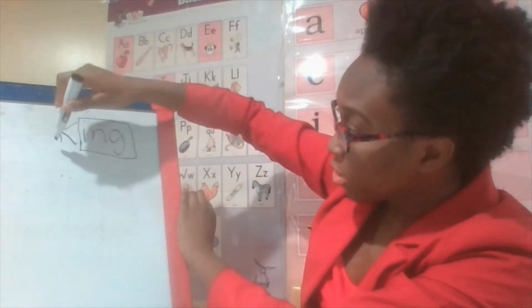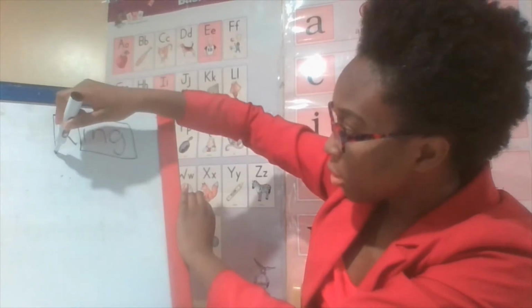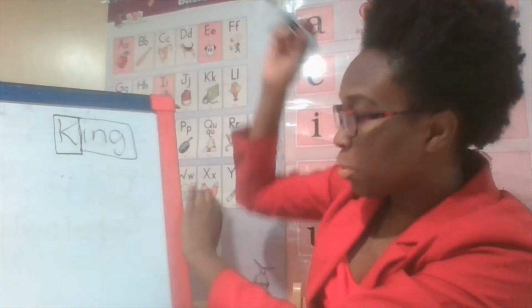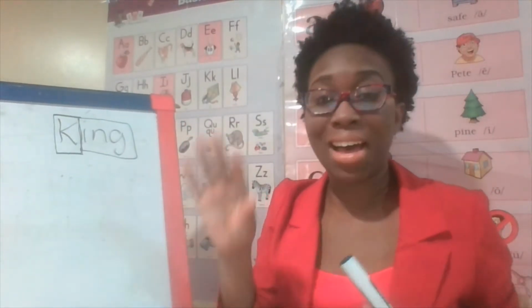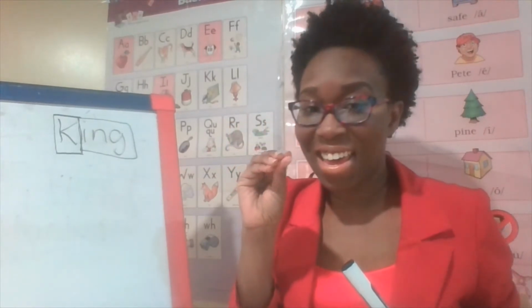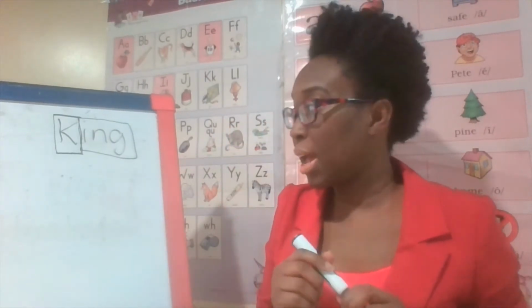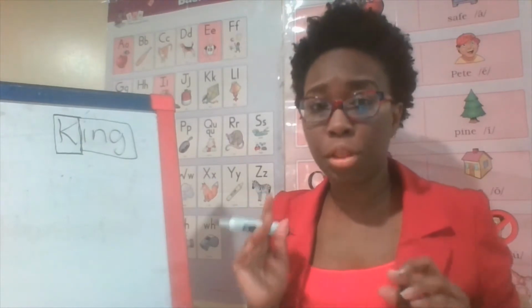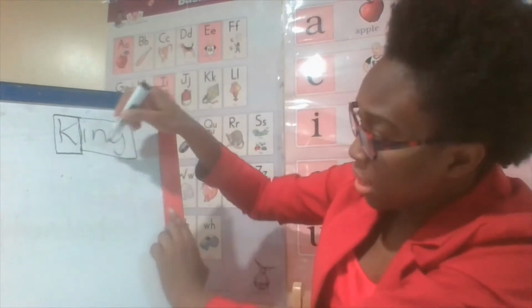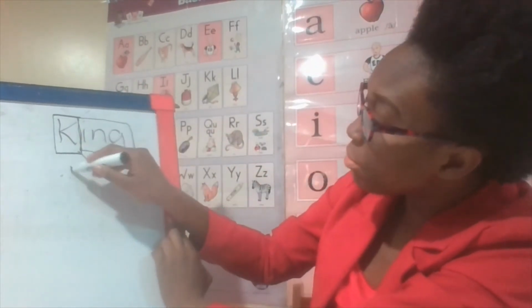And the first letter, the first sound. So this is how we're going to tap it out. Ing, king. Okay? And we've been learning that this is a base word.